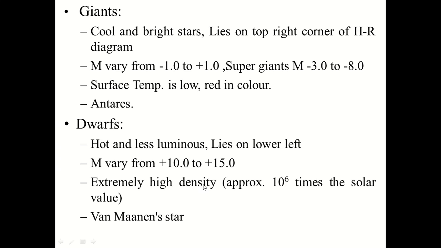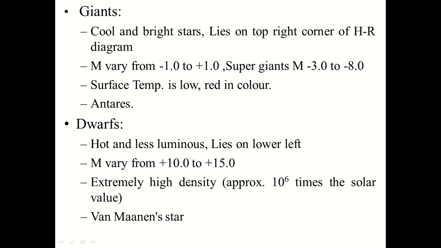An example of a dwarf star is Van Maanen's star, a white dwarf. If you consider the size of the stars, the red giants are the biggest and the white dwarfs are the smallest of these categories.